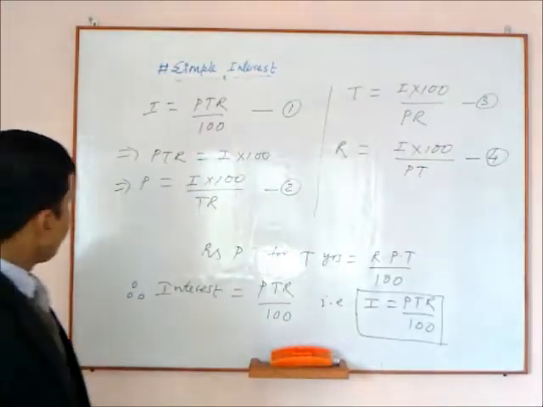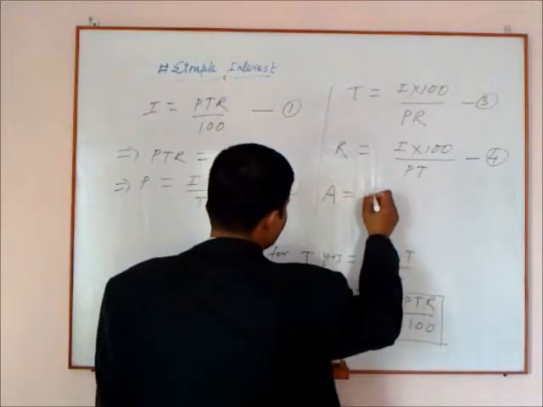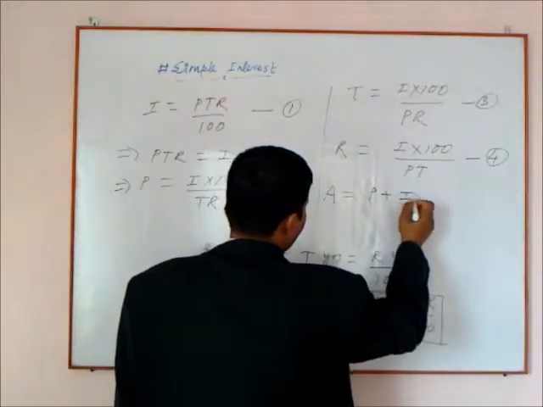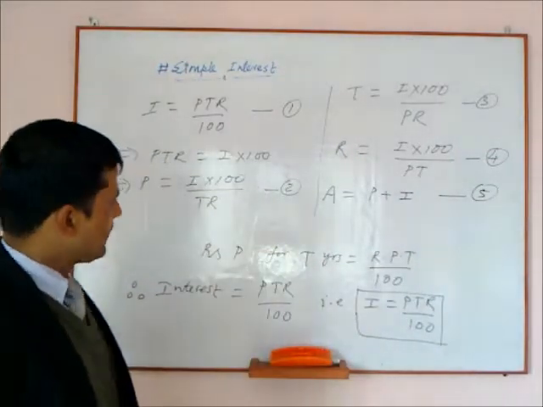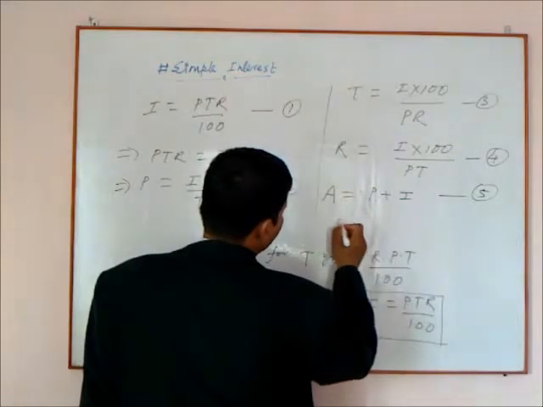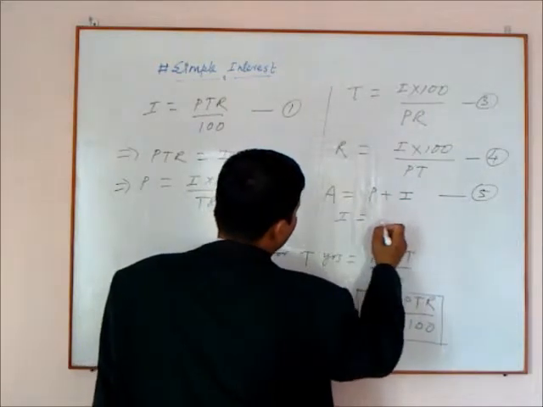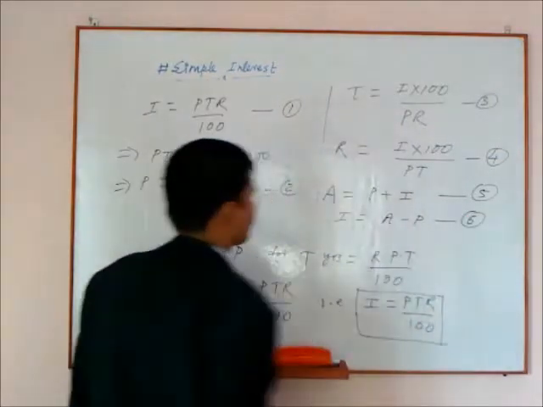And if we need to find amount, A equals P plus I. This is formula number 5. And based on this, we can find I equals A minus P, formula number 6.